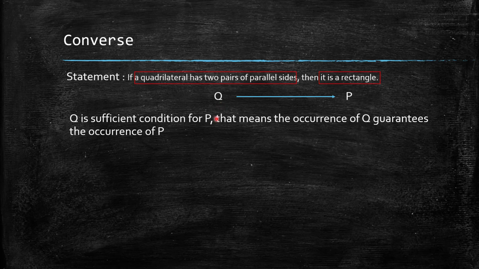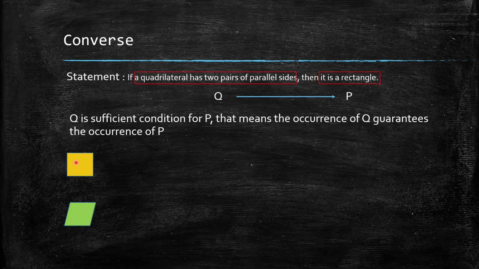When we have a sufficient condition, that means when it is occurring, it guarantees that the other is also occurring. So let's try to see whether this particular statement is correct or not. Now we can have a lot of quadrilaterals, something like a square, or we can have a rhombus as well, right?